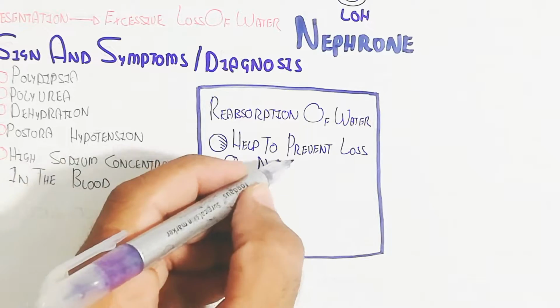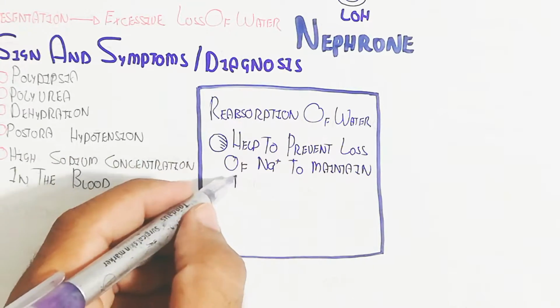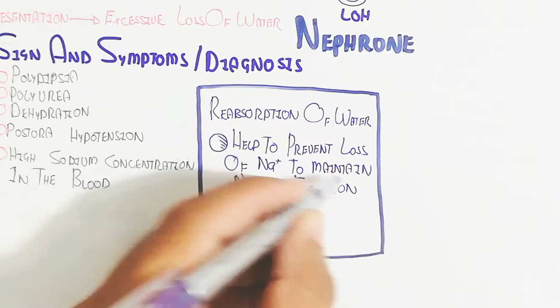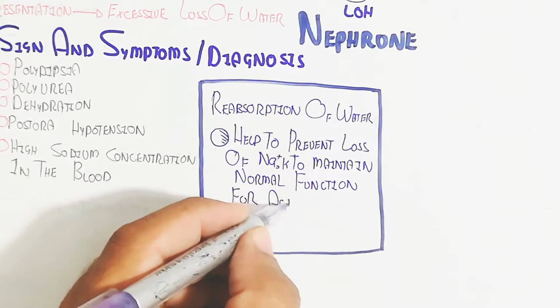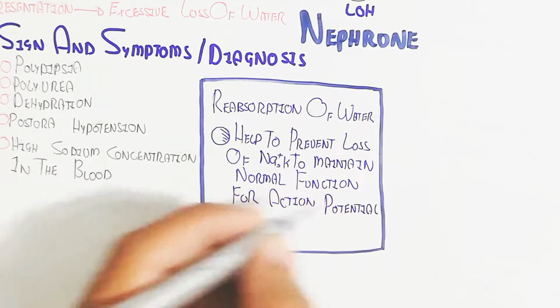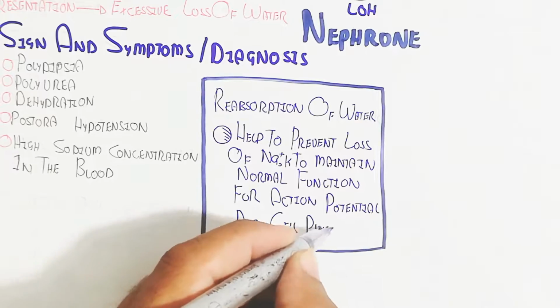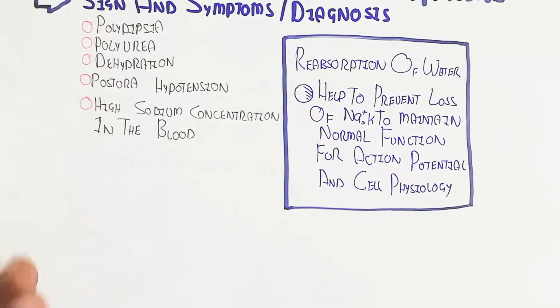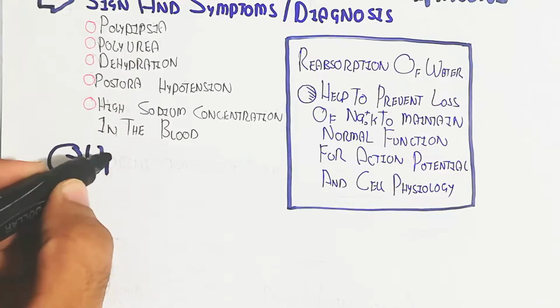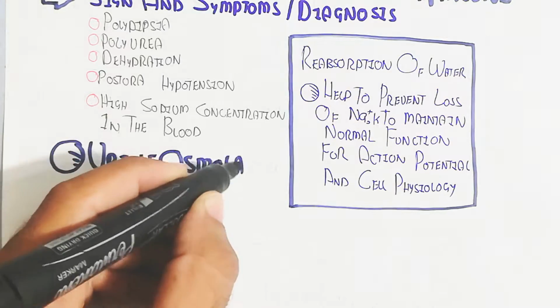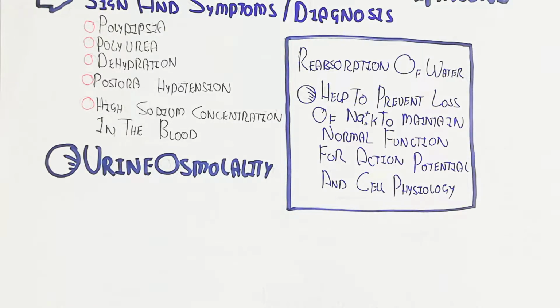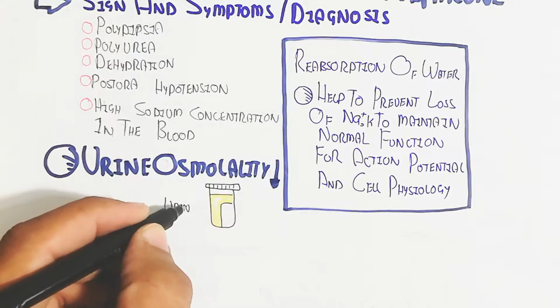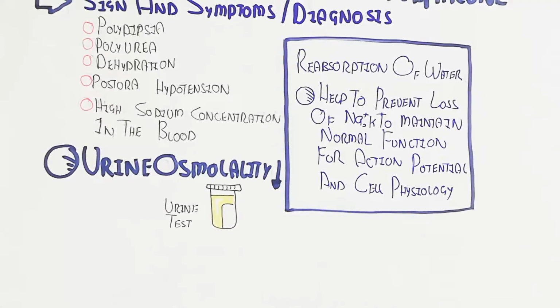The reabsorption of water helps to prevent loss of sodium and potassium to maintain normal function for action potential and cell physiology. Action potential in the nerves and the transportation of material within the cell is very important through potassium and sodium, so that is why normal physiology can change to abnormal.